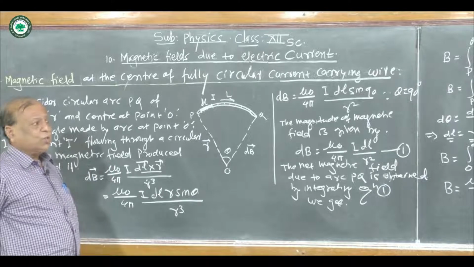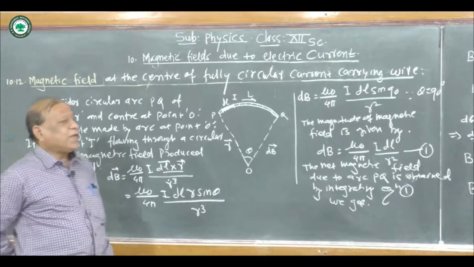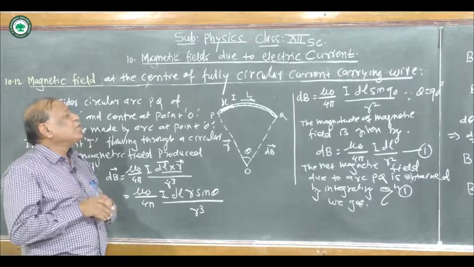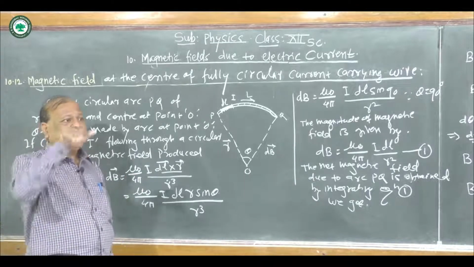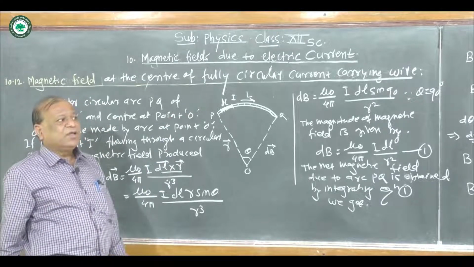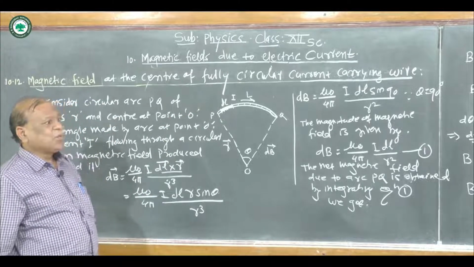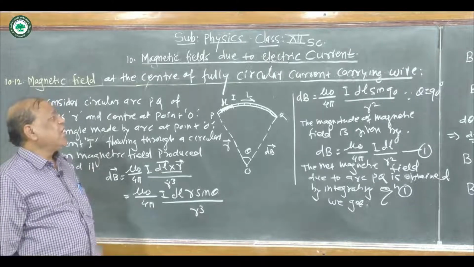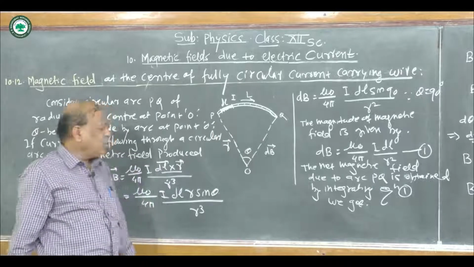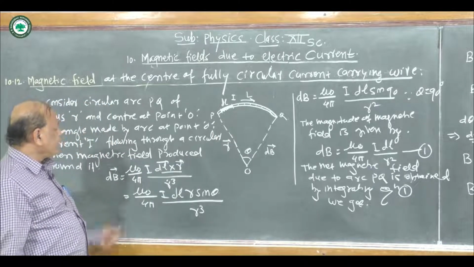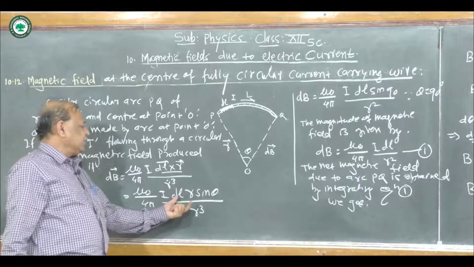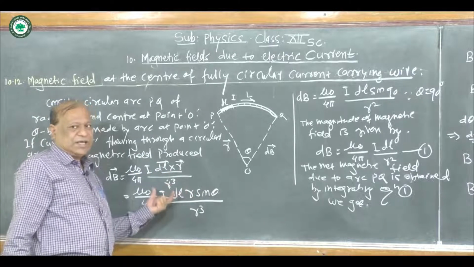According to the right hand rule, the thumb indicates the direction of current flowing through the arc, and the curled fingers give the direction of the magnetic field produced around it, and this magnetic field is perpendicular to the plane of the paper. So we write this vector product as dl r sin theta.